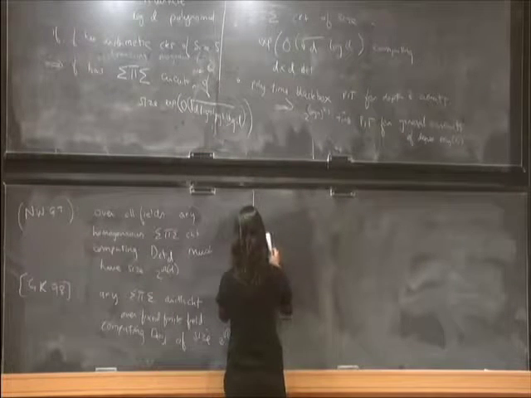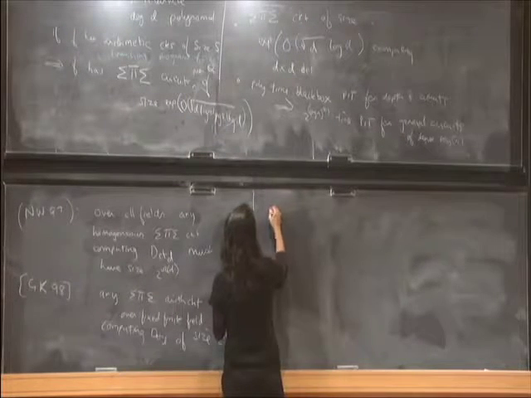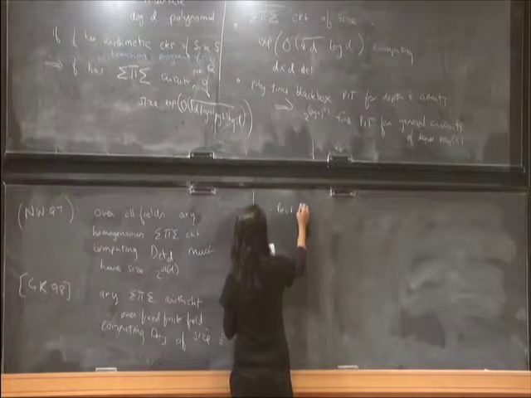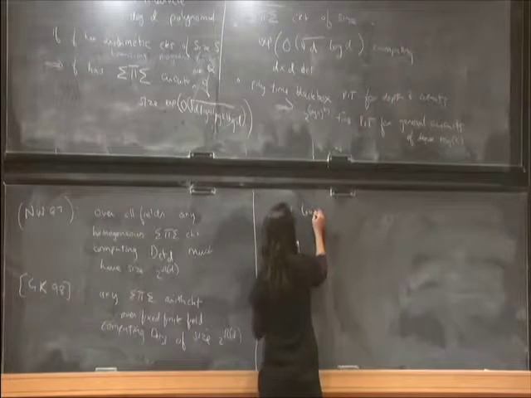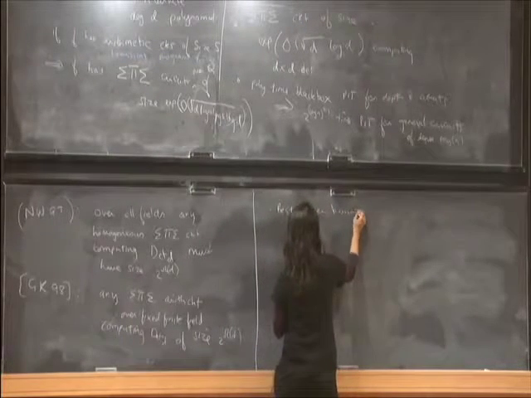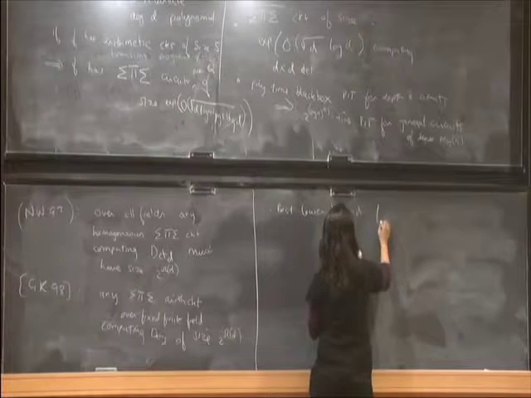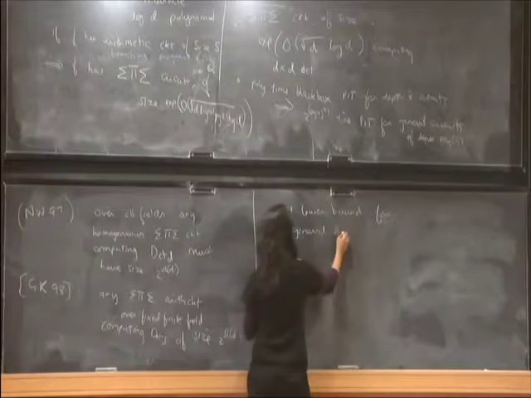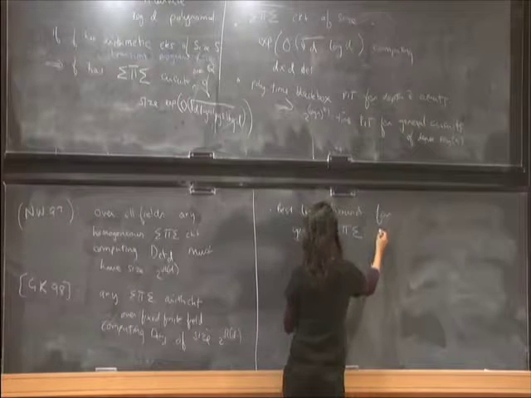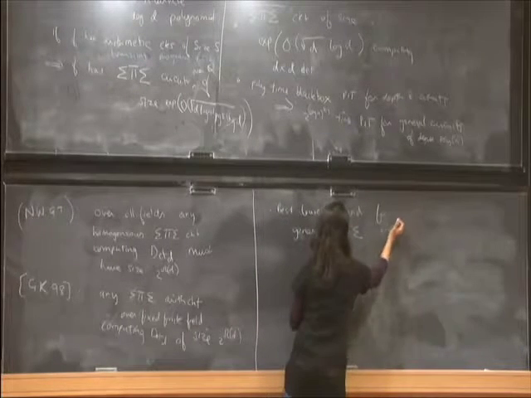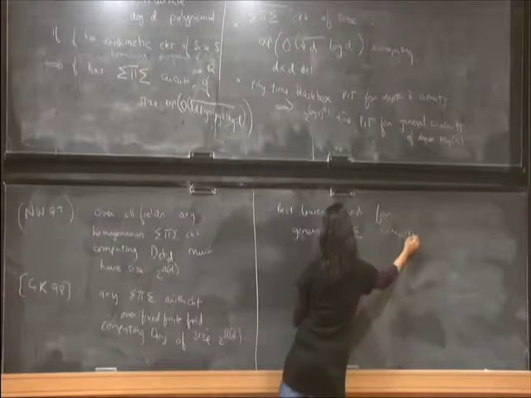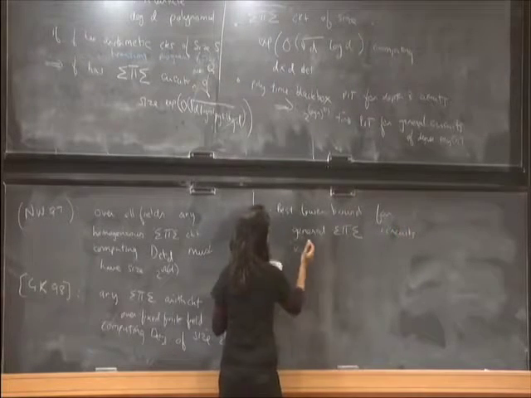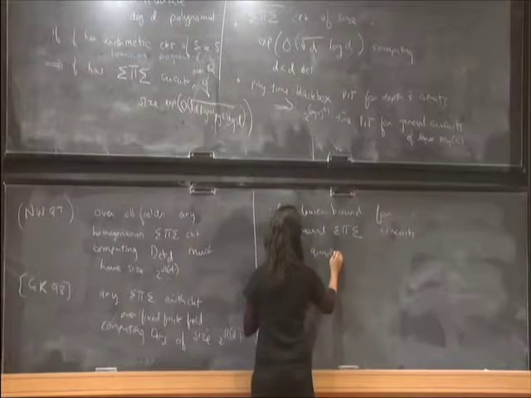The best bound we know is just a quadratic lower bound.